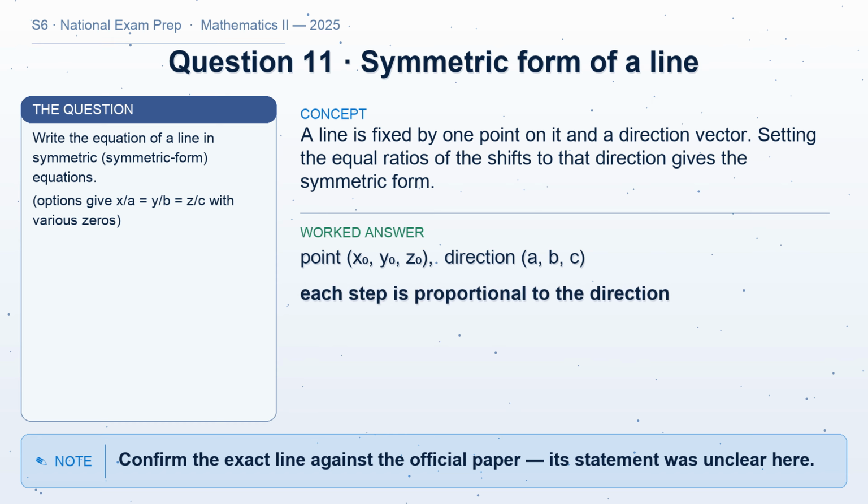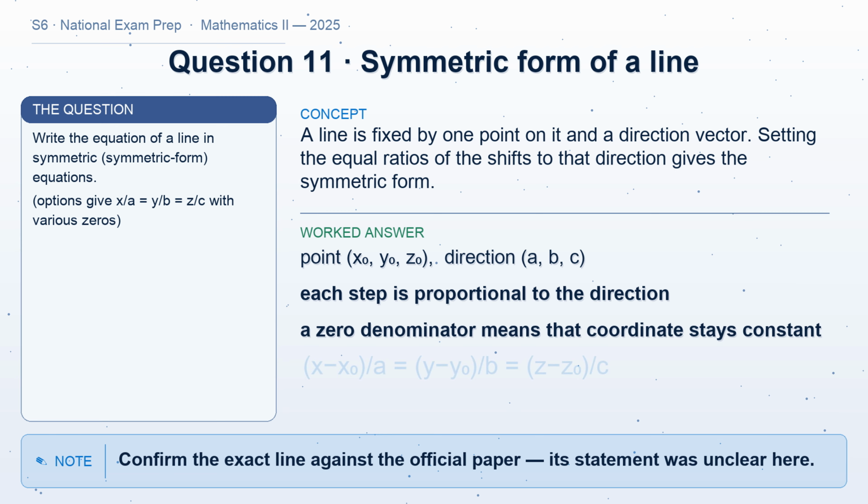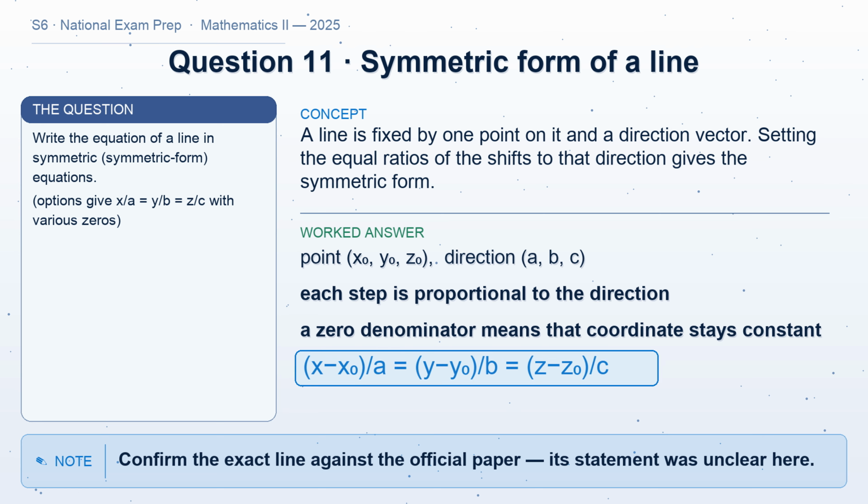Setting those equal ratios gives the symmetric form. X minus x0 over A equals y minus y0 over B equals z minus z0 over C. If one denominator is 0, it simply means that coordinate stays constant along the line. That general form is the symmetric equation of the line.